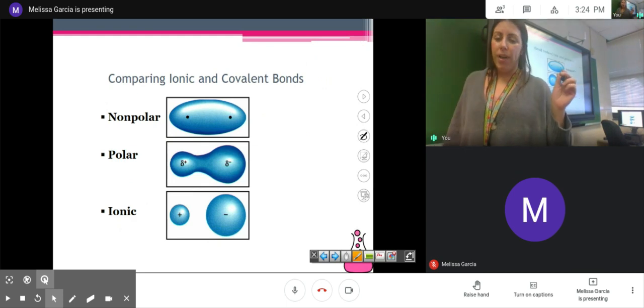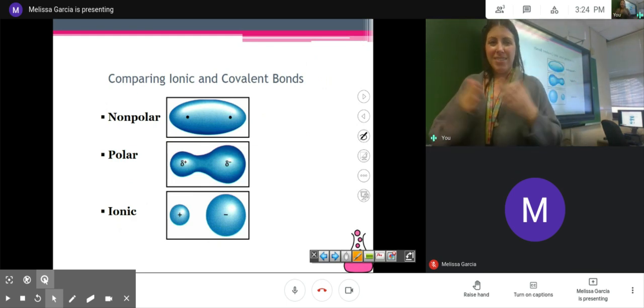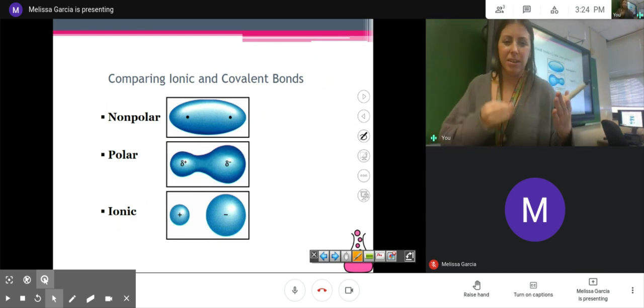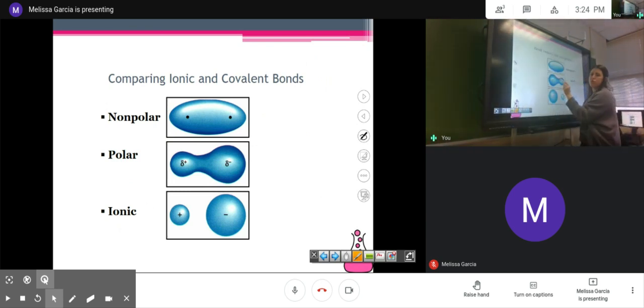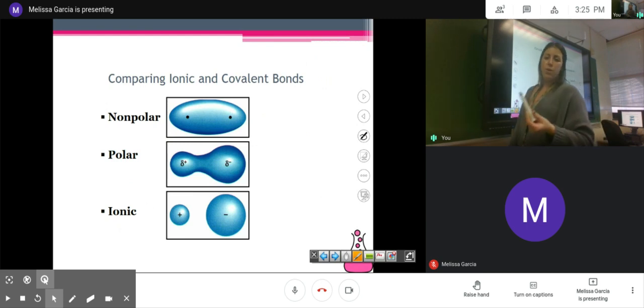In a polar covalent bond, now we have this asymmetrical distribution here of my electrons, meaning that one atom really strongly attracts the electron and ends up slightly negative, while the other atom has a much weaker attraction for the electrons, so ends up slightly positive. And then in an ionic compound, remember this is a transfer of electrons.